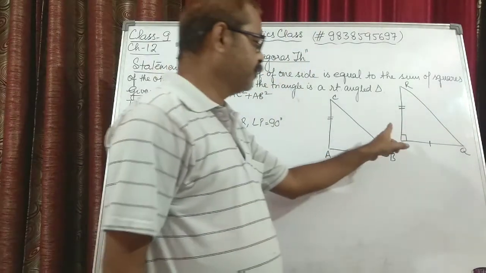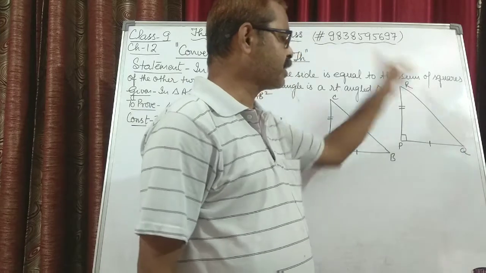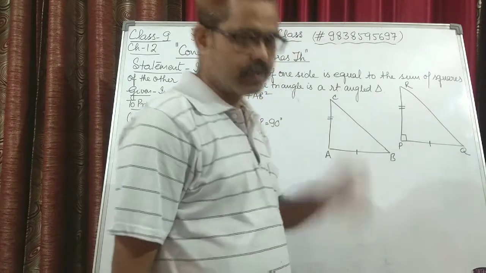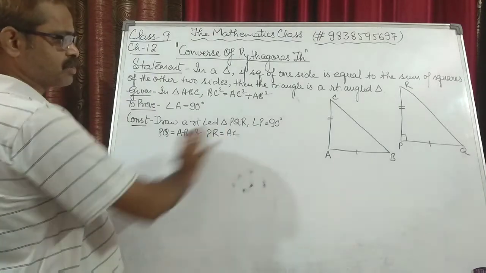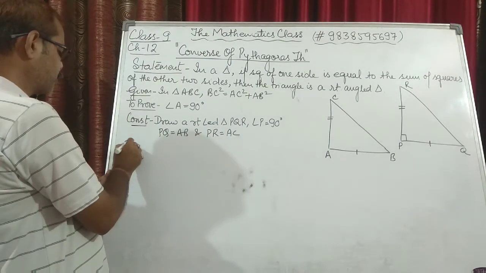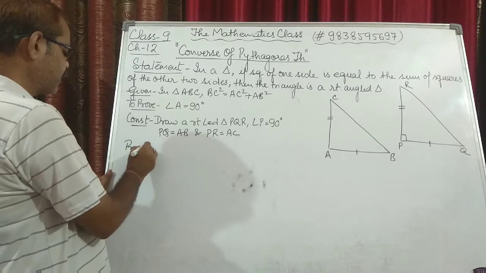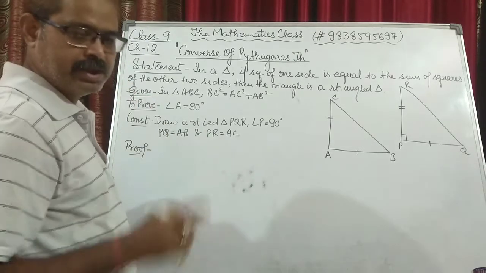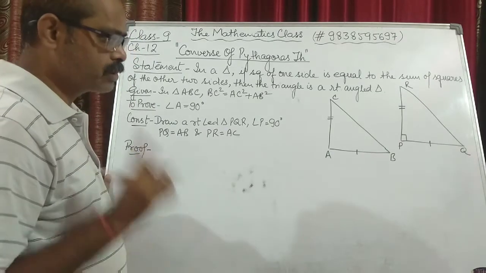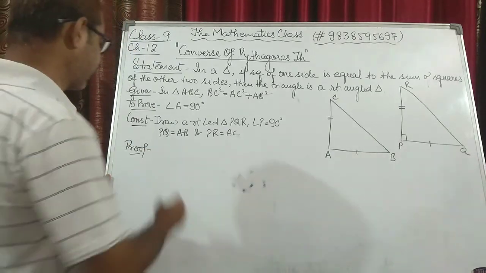Now, we know that PQR is a right angle triangle, so we can apply Pythagoras theorem. This was the construction. Now we will move on to the proof. How can we prove it? We know that triangle PQR is a right angle triangle.